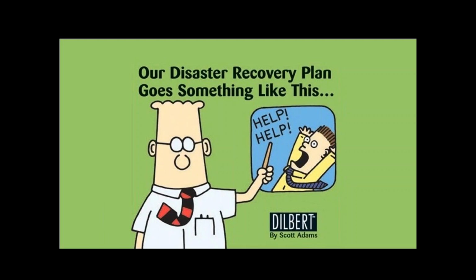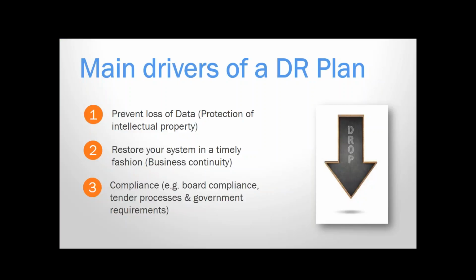So if you have a well-written disaster recovery plan, you can ensure your organization can act in an efficient and effective manner when a disaster occurs. But more importantly, this document becomes a communication tool for you to your stakeholders. You can give them the assurance, or you're able to identify gaps that need to be bridged as part of your next IT strategy plan.